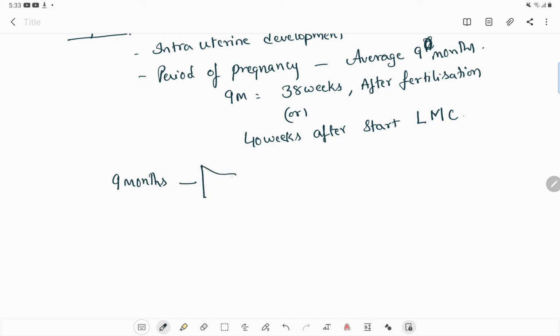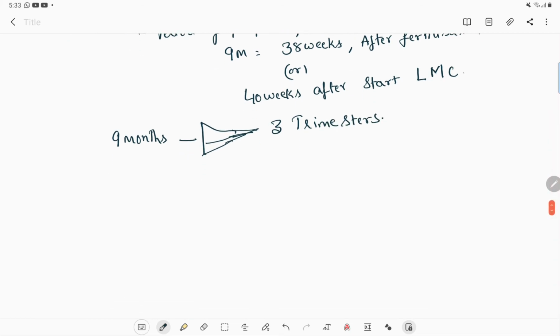Okay, this 9 months time period is divided into 3 trimesters. Each trimester consists of 12 weeks or 3 months.